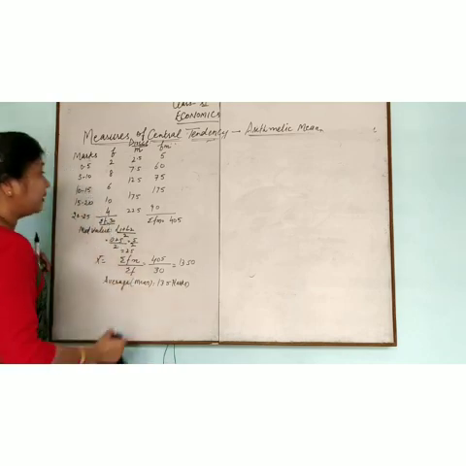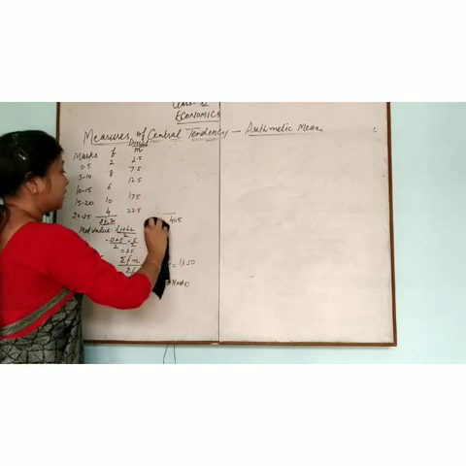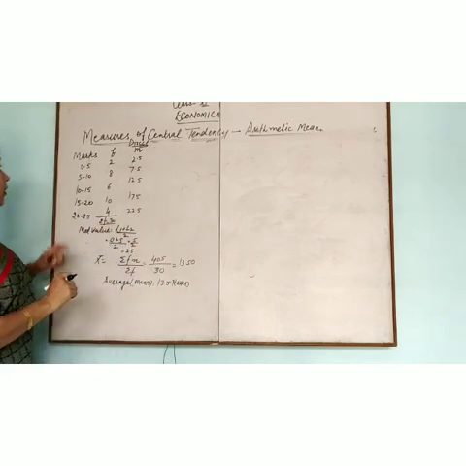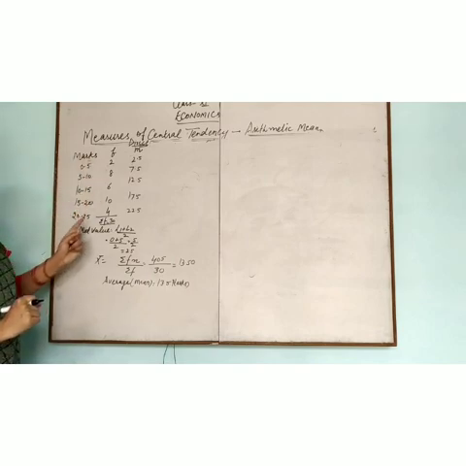Now the same question you can calculate with the shortcut method also. The question is given: marks are given, frequency is given.